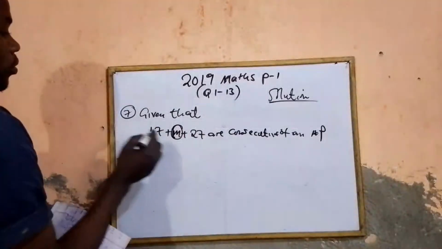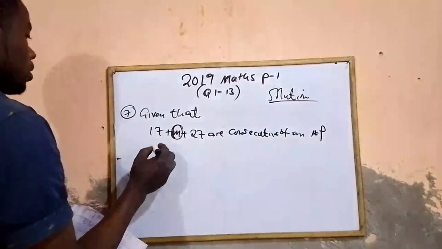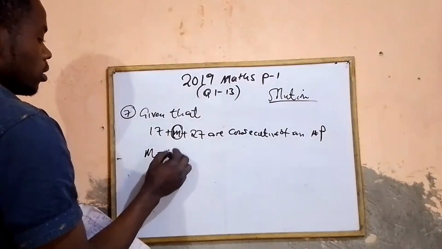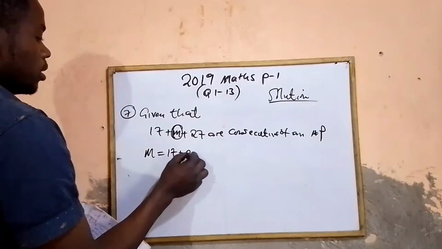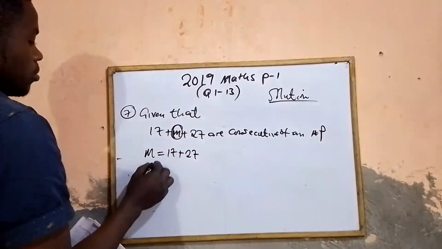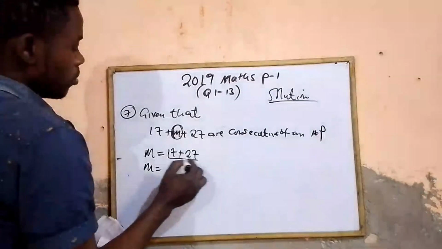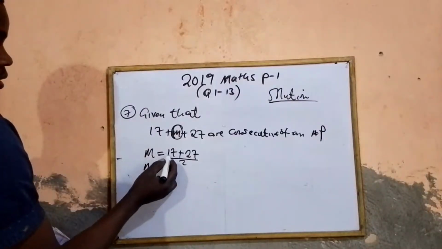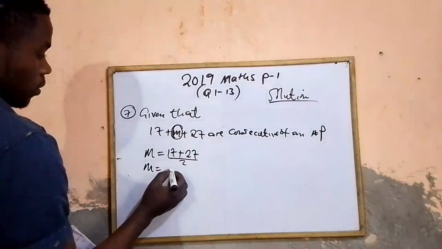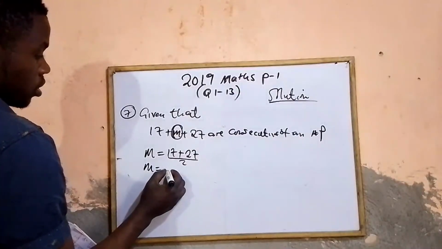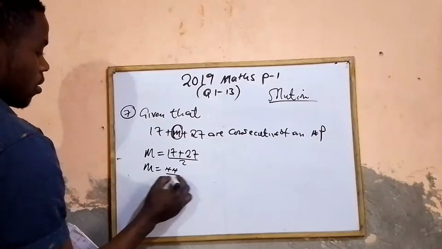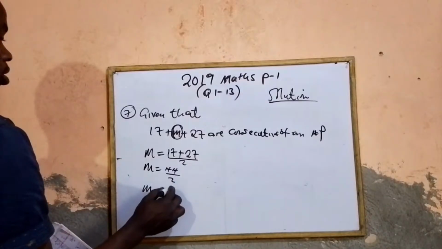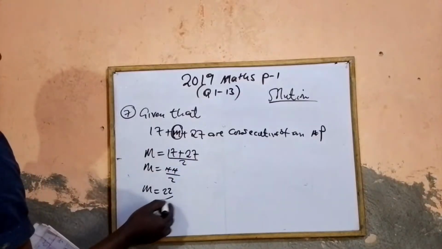So you add 17 plus 27, and you divide by 2 because it is the arithmetic mean. So 17 plus 27 is 44. Then you divide by 2, and m equals 22. So this is the value of m here, 22.